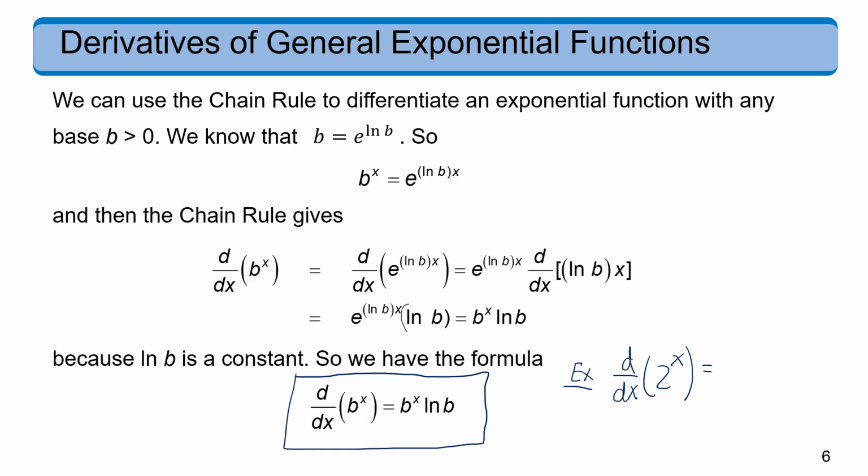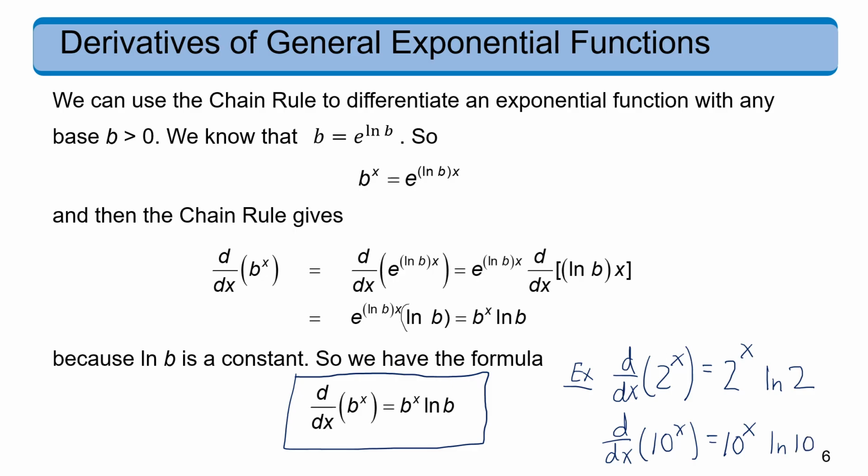So over here, derivative of 2 to the x is itself times natural log of the base. What about derivative of 10 to the x? Derivative would be itself times natural log of the base, which in this case is 10.